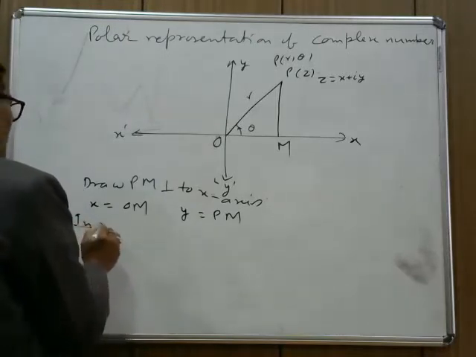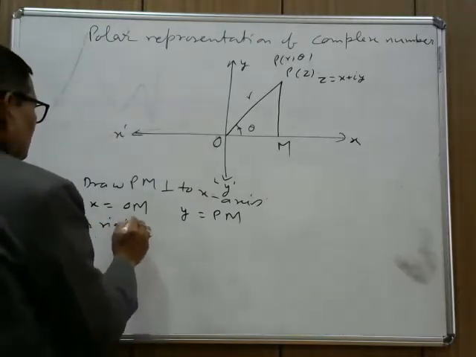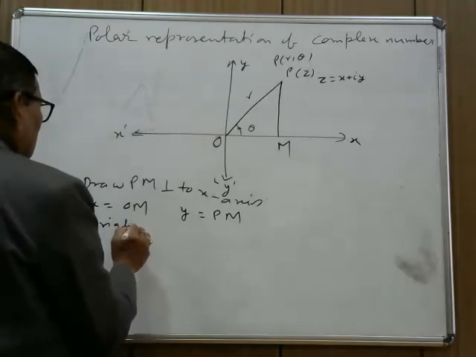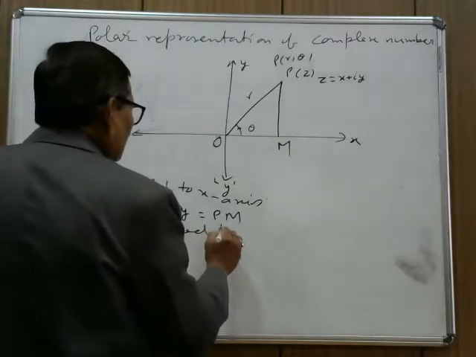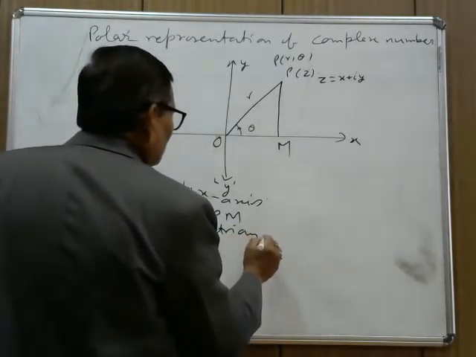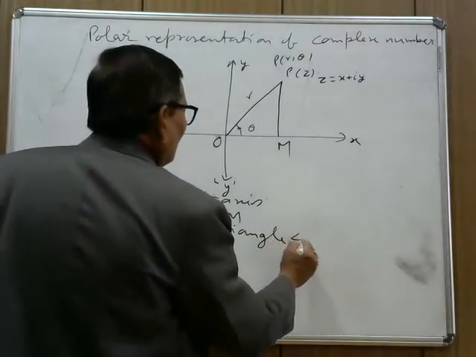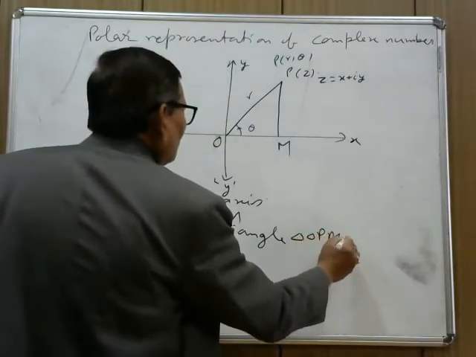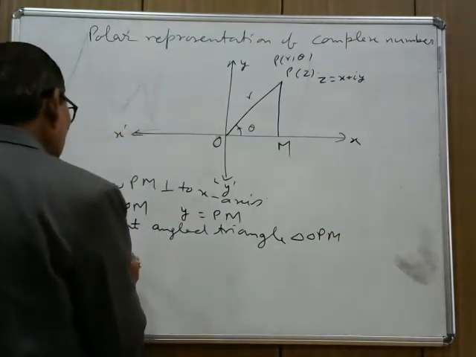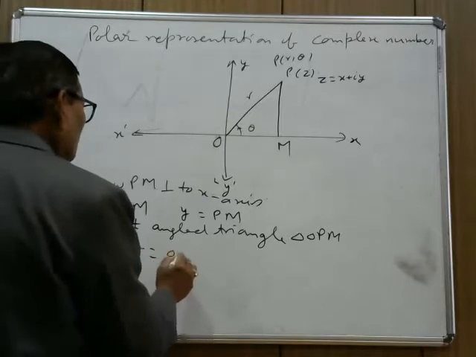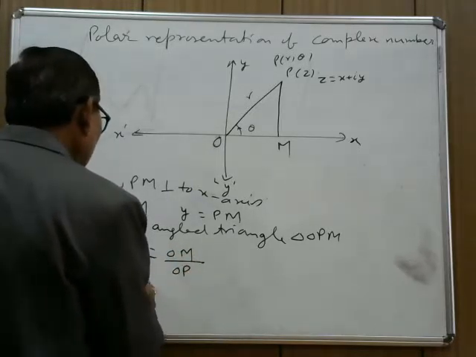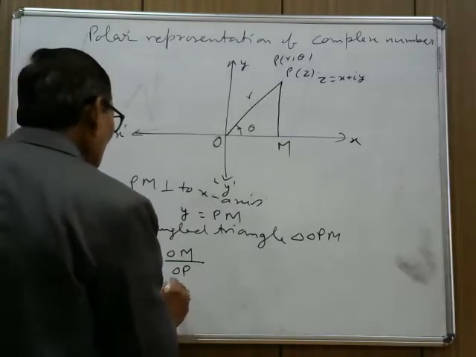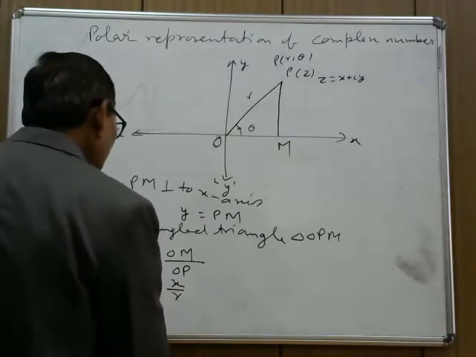In right angled triangle OPM, cos theta is equal to OM by OP, where OM is x and OP is r.